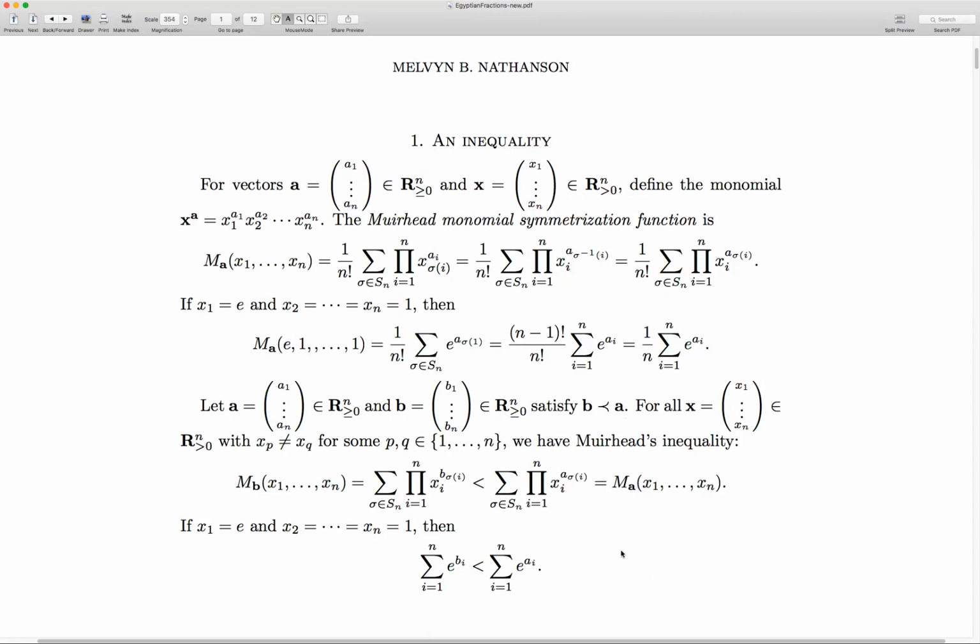Okay. So in particular, if a majorizes b, this sum is bigger than this sum. I can just get rid of the n's. I have this nice inequality. Okay. So this is a very, very, very special case of Muirhead.